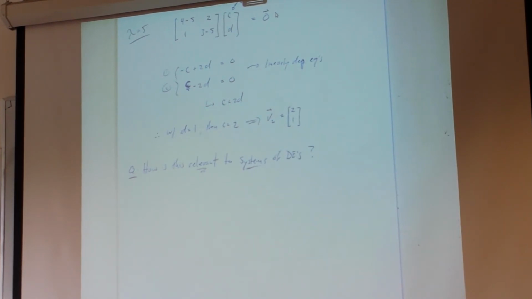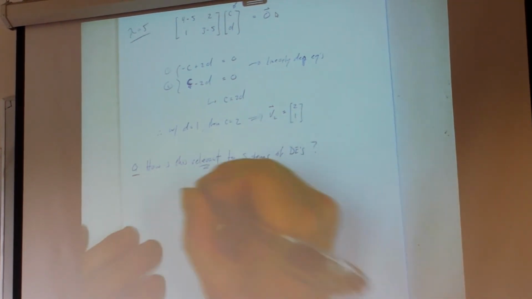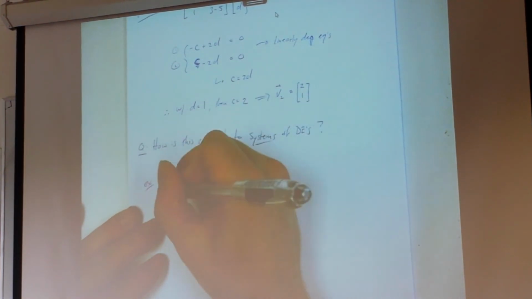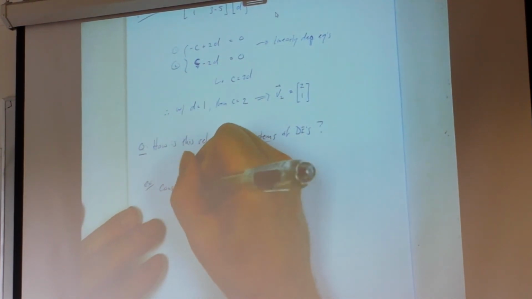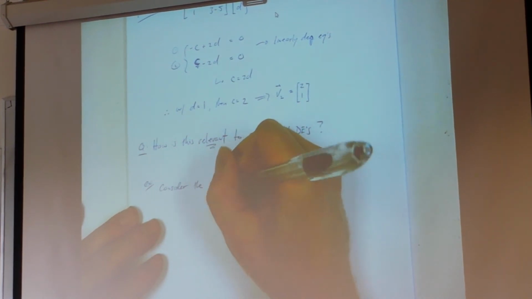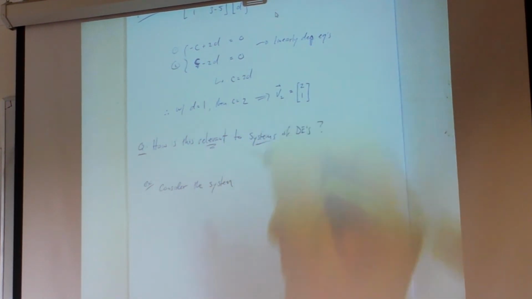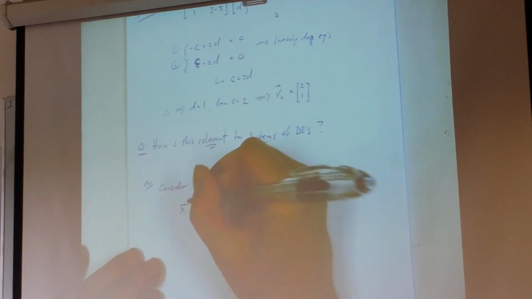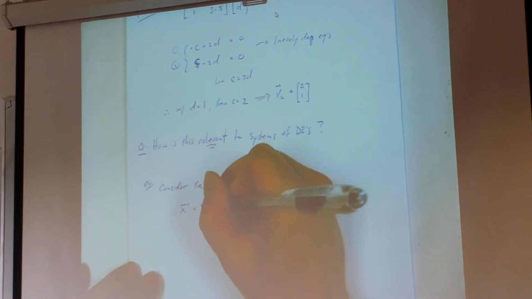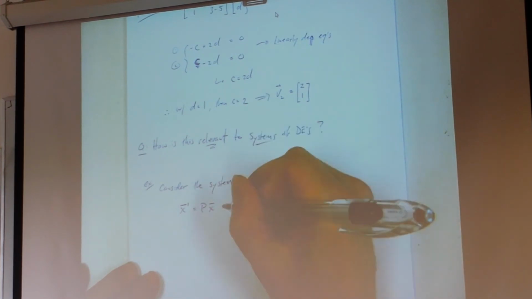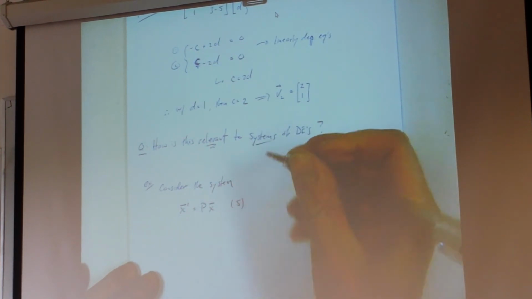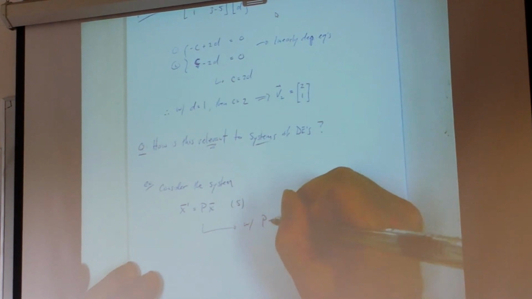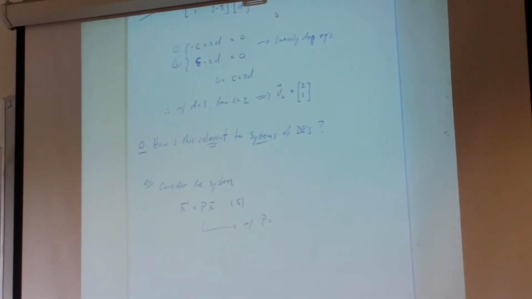So consider the system x bar prime equals Px. We call that equation 5, where P is that matrix we were working with before, 4, 2, 1, 3.